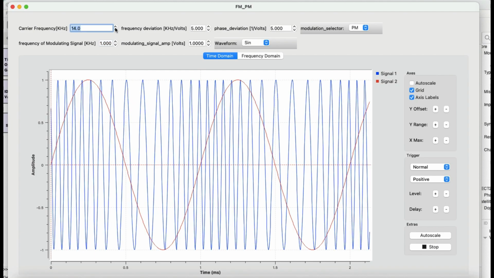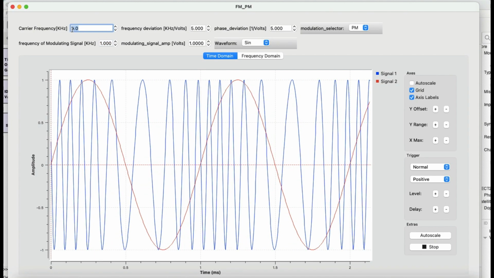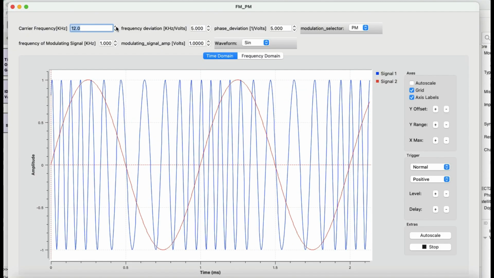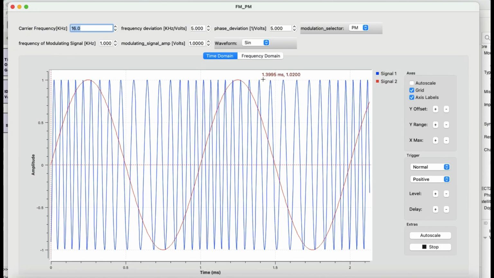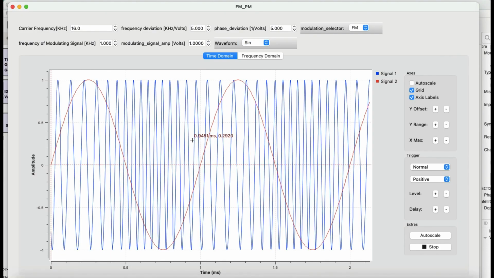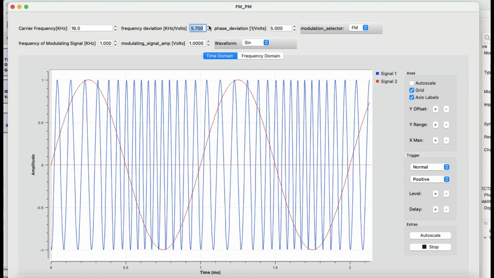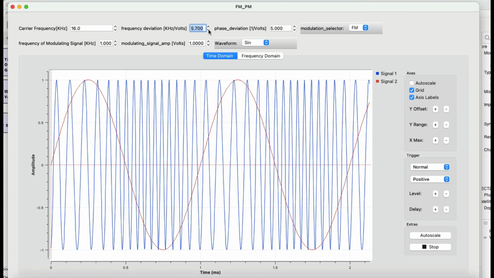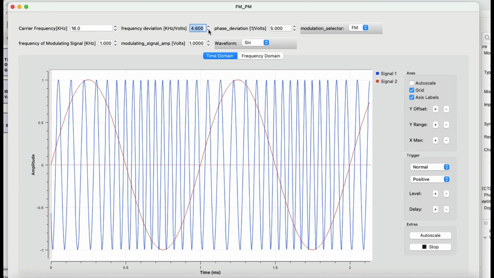And this is your frequency in terms of kilohertz range. So let me just increase this and let me show you what's happening. Now as you can clearly see right here in FM modulation, if I have a sine wave, you'll see that frequency is expanding and shrinking, and I can manipulate this by using frequency deviation blocks. You can clearly see the change as the frequency deviation changes.